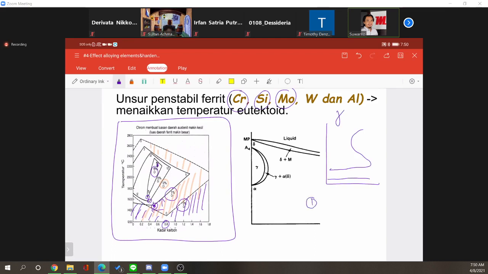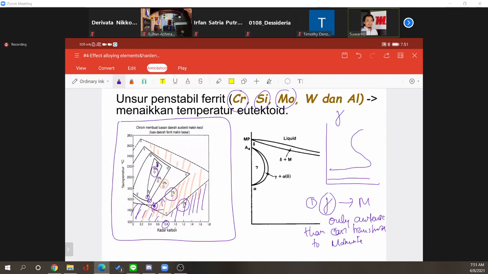The phase that can form martensite must be austenite. Only austenite can transform into martensite.